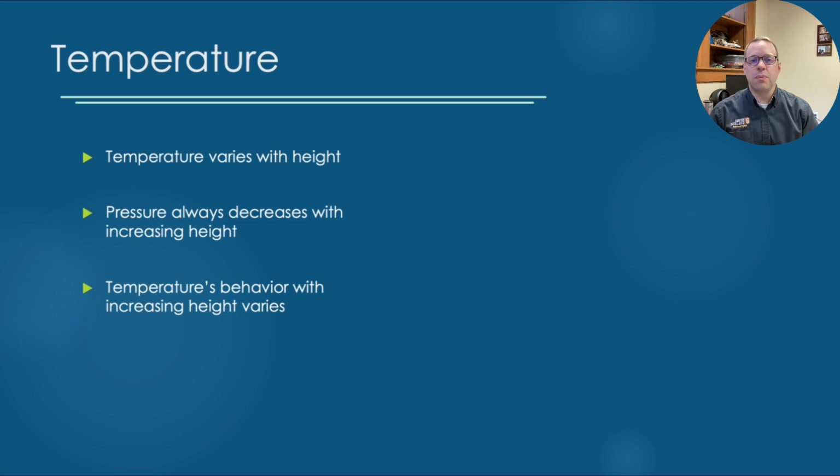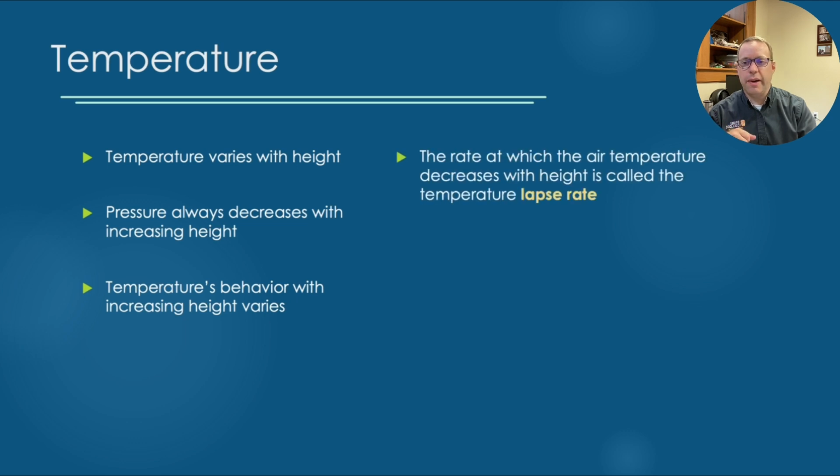There are some points where the temperature actually rises with increasing height. And so it becomes a little more of an interesting question when we talk about temperature's behavior with increasing height. The rate at which the air temperature decreases is called the temperature lapse rate.